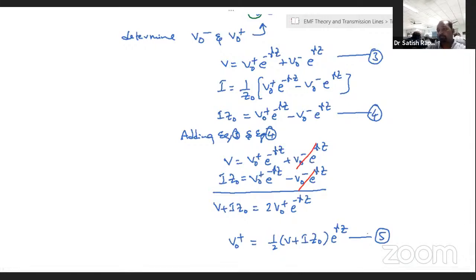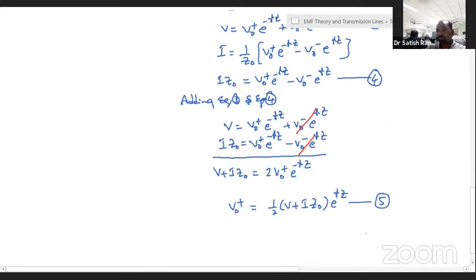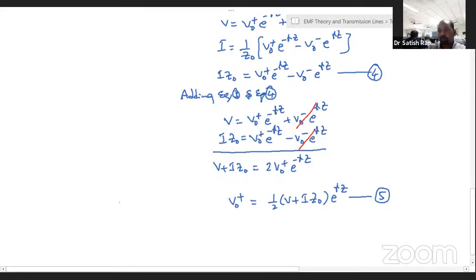Similarly, we have added equations 3 and 4, and we got V naught plus. Now let us subtract equation 4 from equation 3.